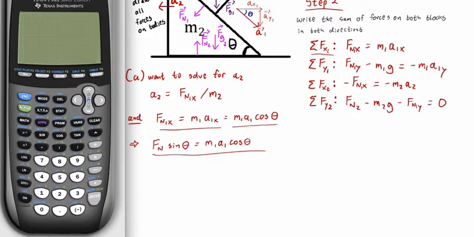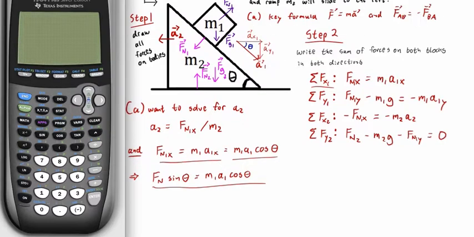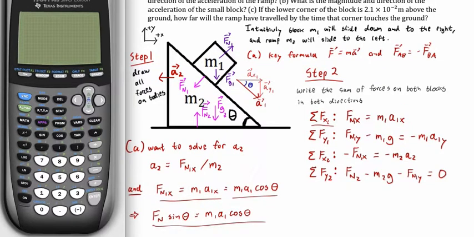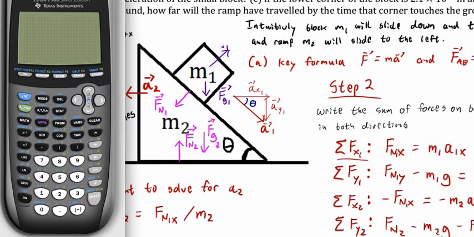Here I can say that if I expand out the X component of the normal force acting on block 1, then I get Fn sine theta. Why do I get Fn sine theta and not Fn cosine theta? Well, if we go back and look at our sum of forces, and we look at the normal force, I'll move the label out of the way over here. So here is our Fn1. We can see it has two components, a vertical and horizontal component. These are the two components of Fn1, so Fn1y, and this one here is Fn1x.